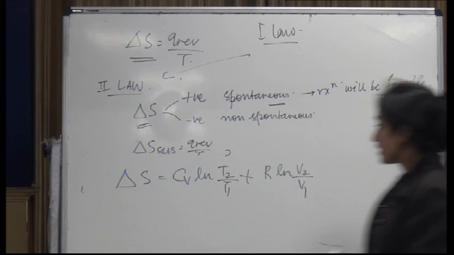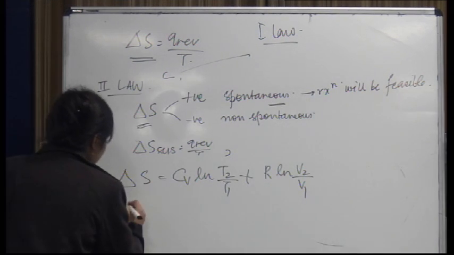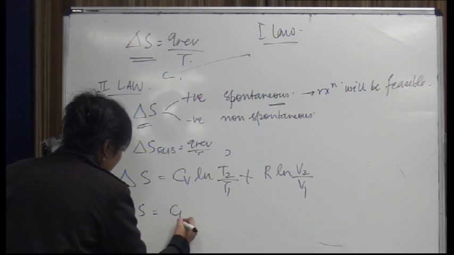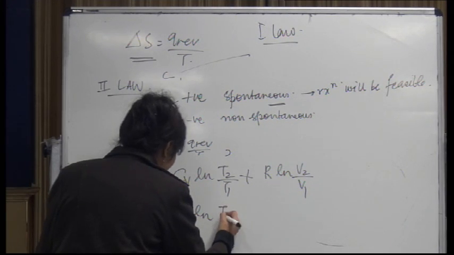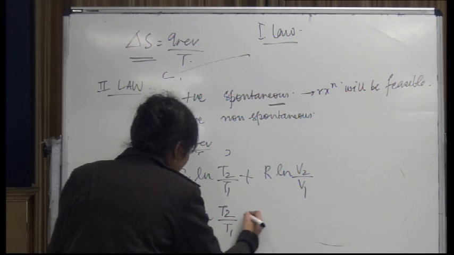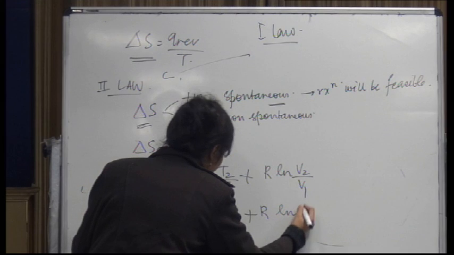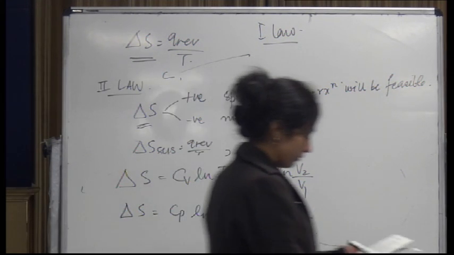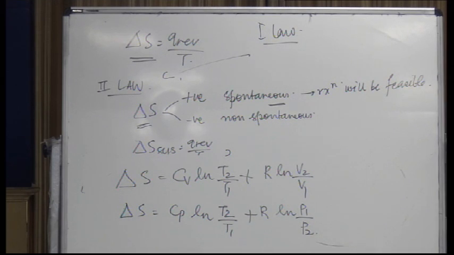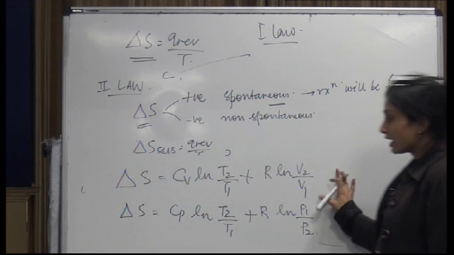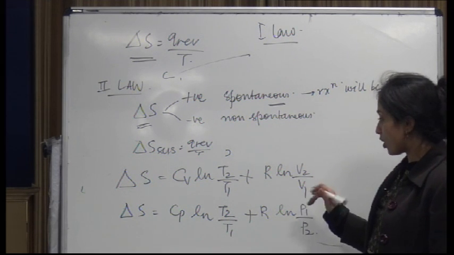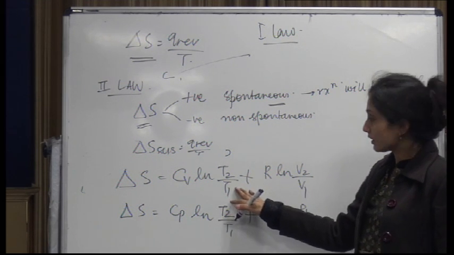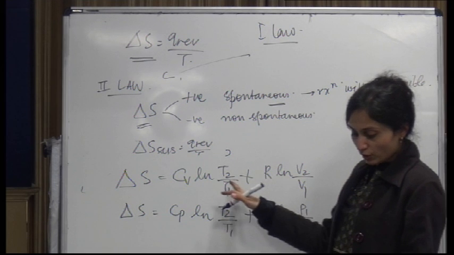And this can also be written as delta S is equal to Cp ln of T2 by T1 plus R ln of P1 by P2. Now look here, at constant temperature, what will your delta S be?